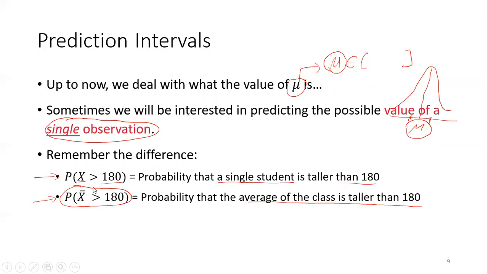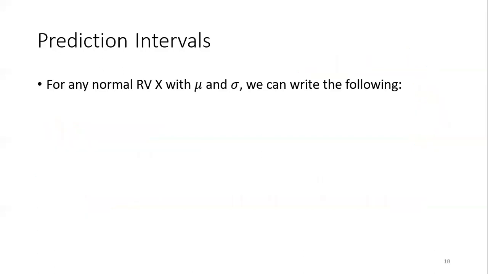Up to now, we talked about the average of the population. That's fine. But I want to make some inference, some predictions about a single observation. This is what we call a prediction interval. Before getting into the prediction interval, let's recall what we can write for any normal random variable x with mean mu and standard deviation sigma.